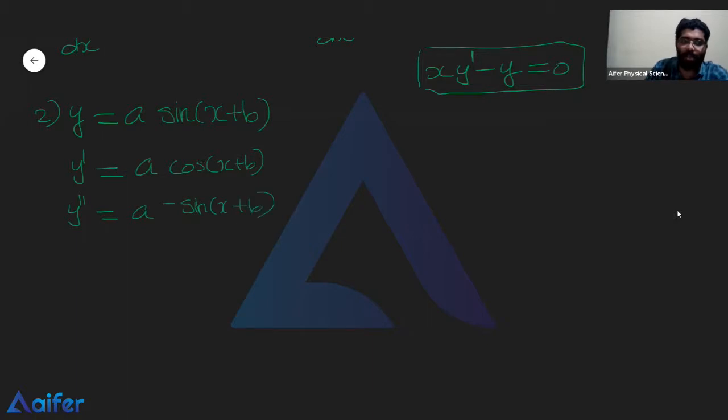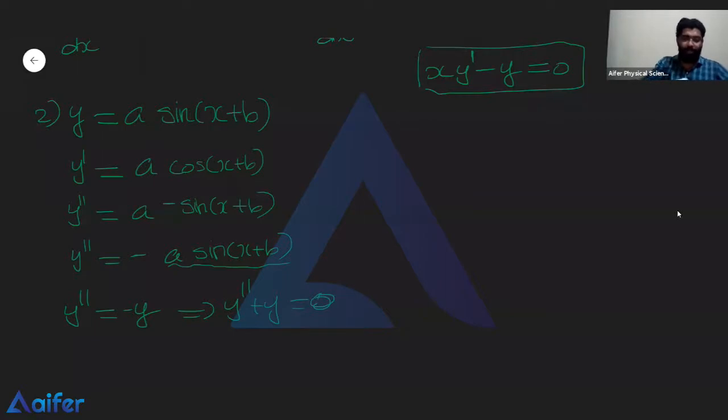So y double prime equal to minus y, or y double prime plus y equal to 0. This is the differential equation corresponding to that family. We are very lucky to have such a question.